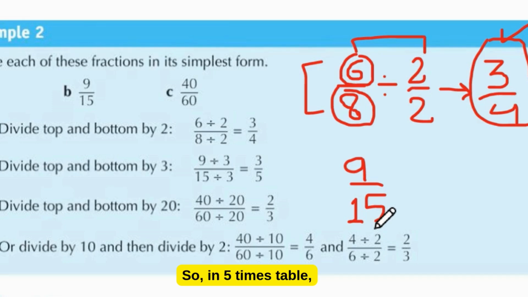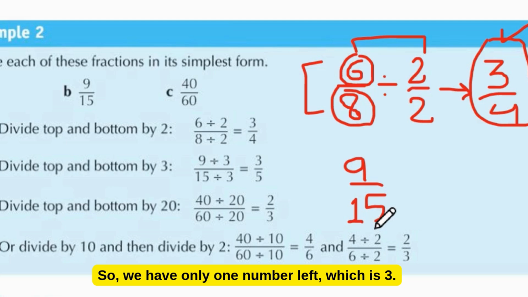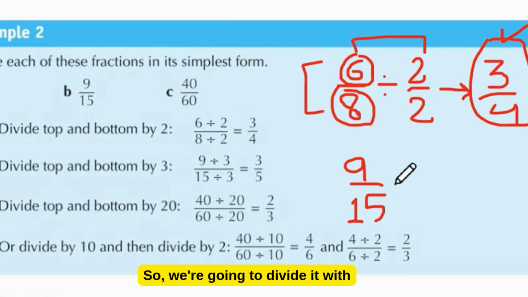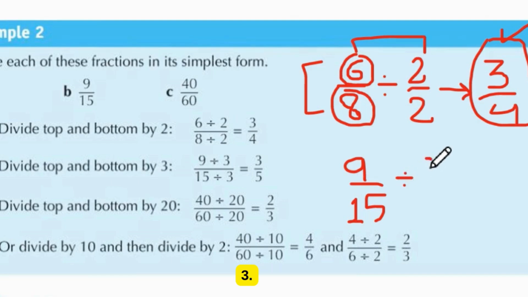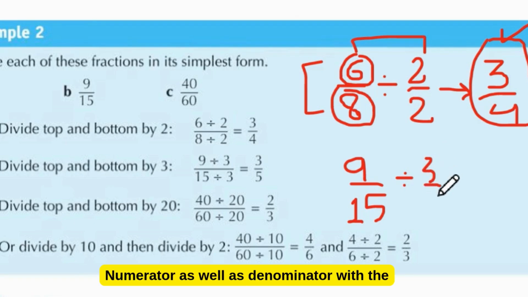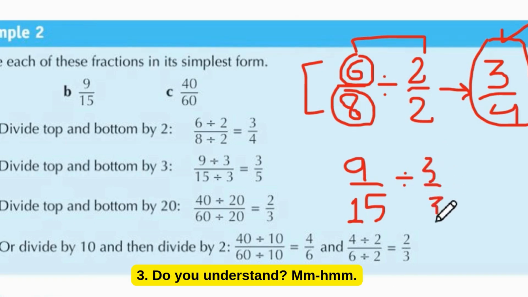Very good. So in the 5 times table, do we get 9? No. So we can't choose it. So we have only one number left, which is 3, right? So we're gonna divide numerator as well as denominator by 3.